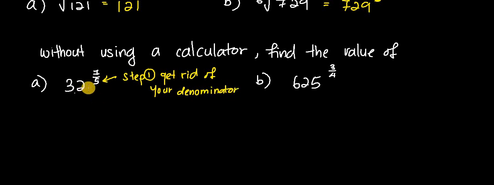So in order for you to get rid of the denominator, you must look at the base number. You must think of a number. What number, power 5, I will get 32. Alright. So basically what you must think is, what number, power 5, and you will get 32. Just 32. So if you try to play around with your calculator, you will know that 2 power 5, you will get 32.